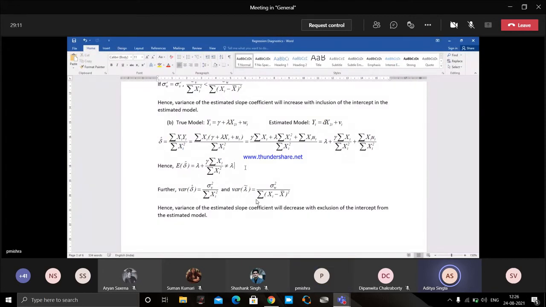So that's why I think our estimators are biased. Exactly. Mathematically, it's seen. Exactly, you are absolutely right. This is probably the simplest way of putting this issue, as you said.